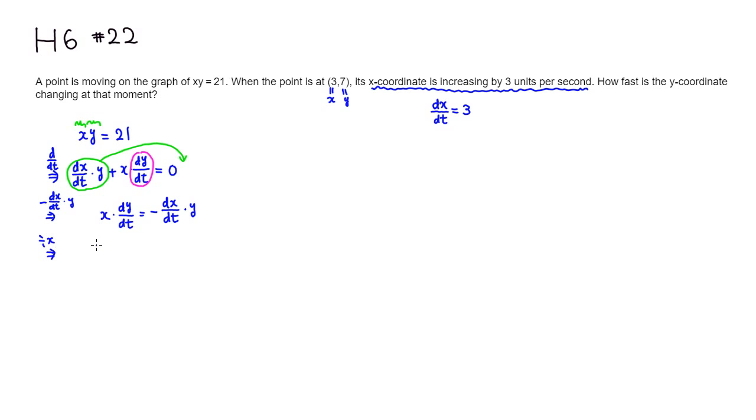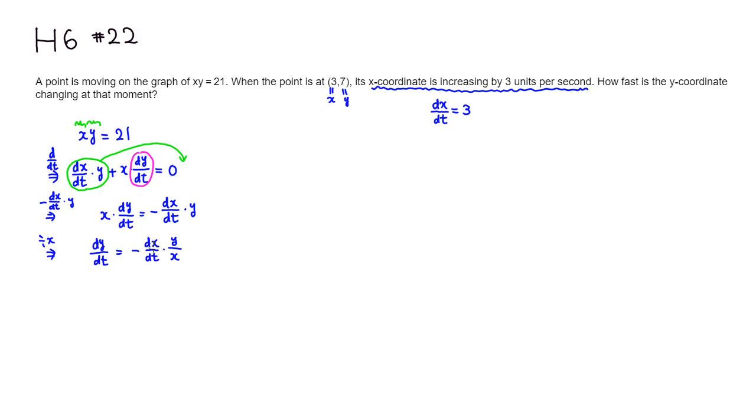So now we have dy over dt all by itself. We're going to have negative dx over dt, and I'm going to put y on top and then divide by x, so it's going to be y over x.